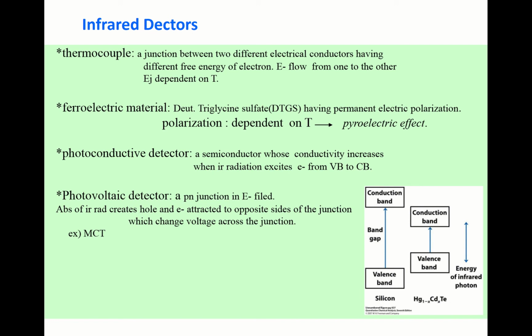Why? Look at that. This band gap is very small. So at room temperature, a lot of electrons are excited from the valence band to the conduction band. They make electrical noise. So to reduce such noise, you need to cool down these detectors.